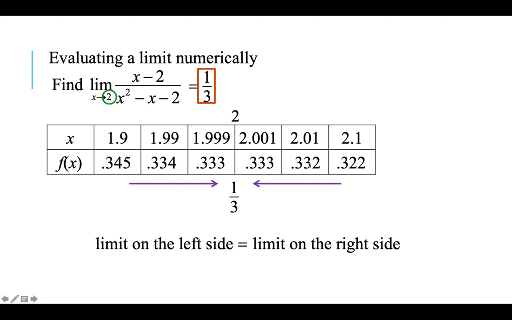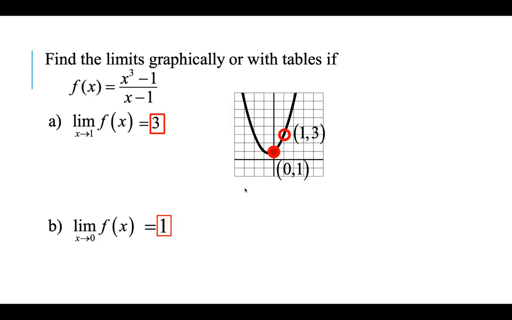Plug in 2.01, we get 0.332. Plug in 2.001, we get 0.33. Those are approaching 1/3 also. So the limit on the left side is equal to the limit on the right side. Our limit as x approaches 2 of x minus 2 over x squared minus x minus 2 is 1/3.